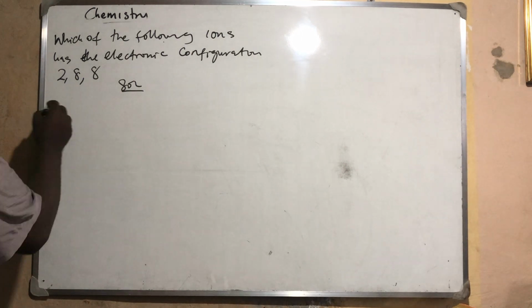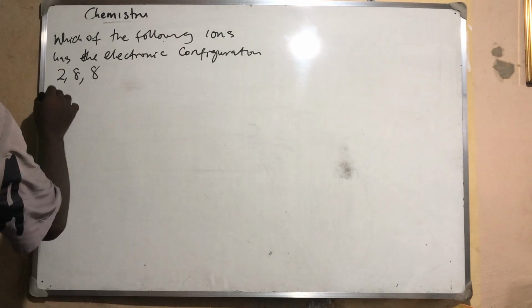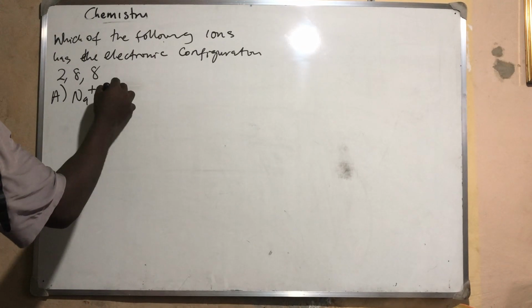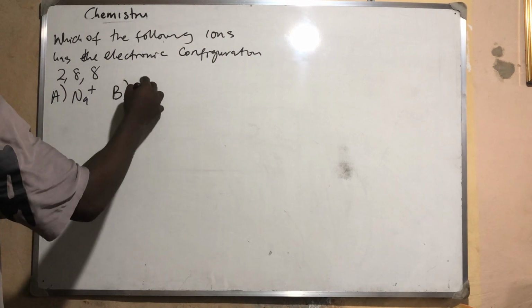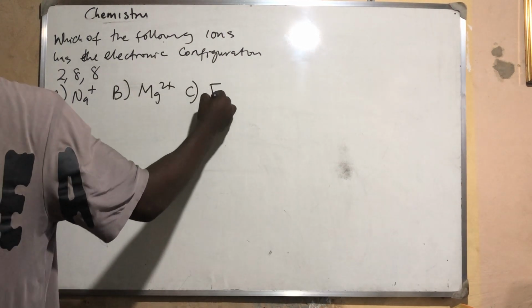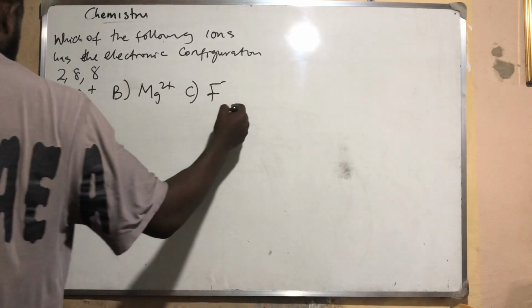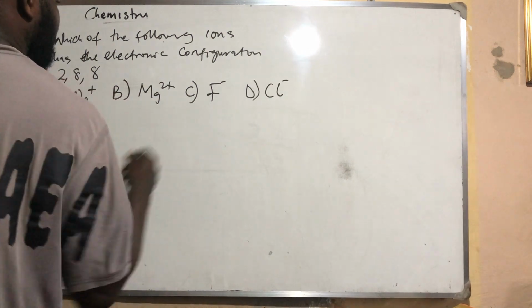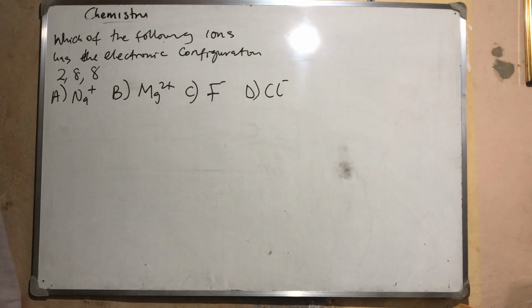Let me write the options. Option A: Na plus. Option B: Mg2 plus. Option C: F minus. Option D: Cl minus. So let us write the electronic configuration of these atoms.